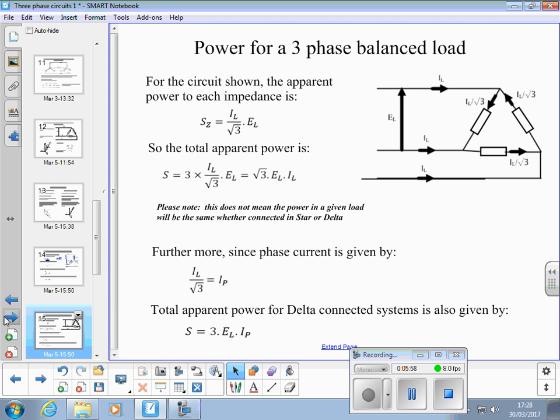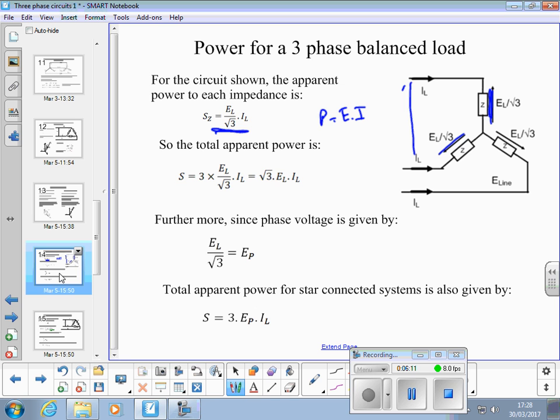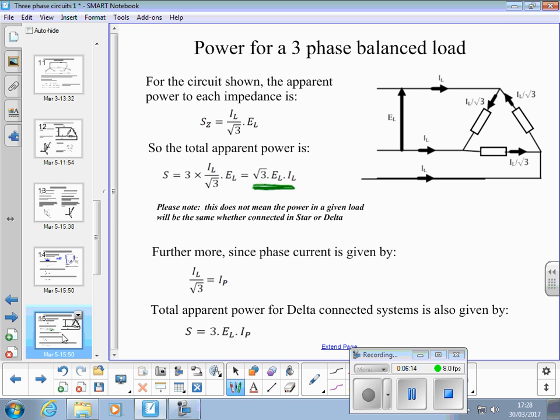There's a warning here that this bit is the same as what we got on the previous slide, √3 ELIL. That does not mean that if you connect the same load to the same system in star or in delta that you get the same power out of it.